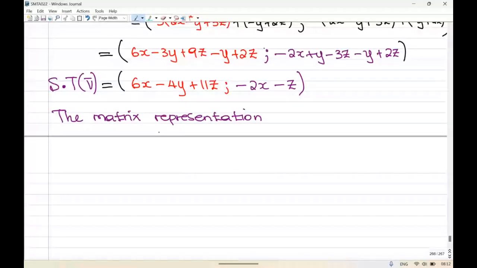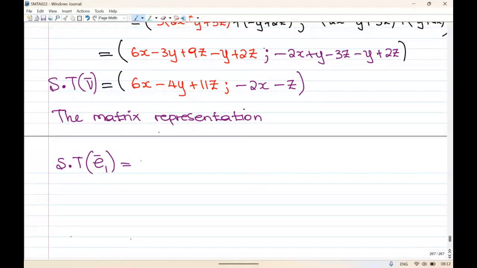After you got the product of this ST, now you must come up with the matrix representation. Last time, the last example that we did on Friday, we said if they did not give you the standard basis, then you can use the standard basis here, where we say S multiplied by T of the first one, E1. Maybe we can represent it as a vector, let's put a bar on top.